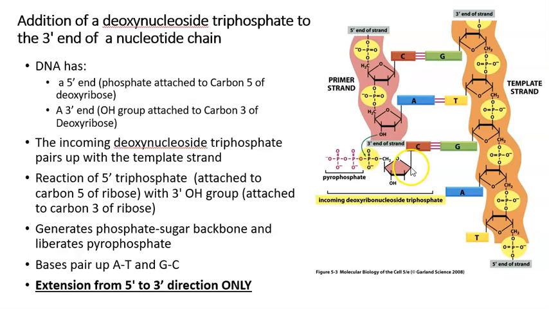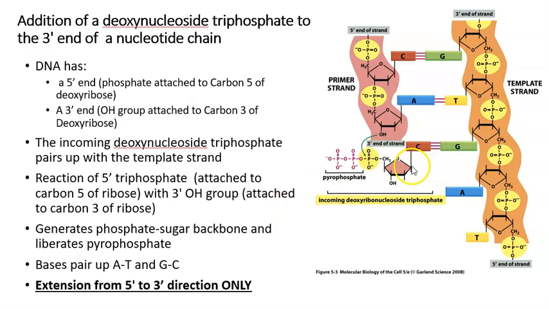This is number 1, number 2, number 3, number 4, and then this one is number 5. Now on carbon number 5, there is a triphosphate group. That's 3 phosphates stuck together, just like in ATP, adenosine triphosphate. This is a triphosphate group, and it's on the carbon number 5.